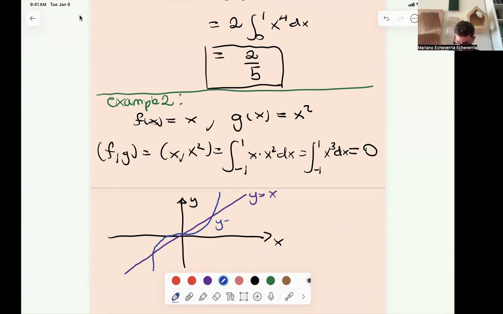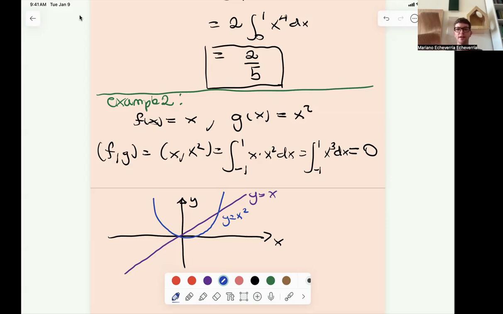And this is a graph of y equals x squared. Oops, it had to be x squared. You were integrating x cubed, but the graphs are x and x squared.